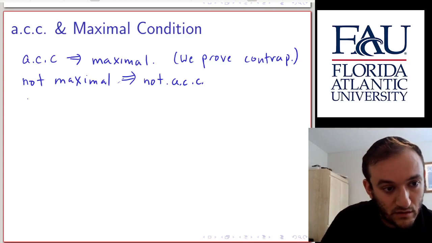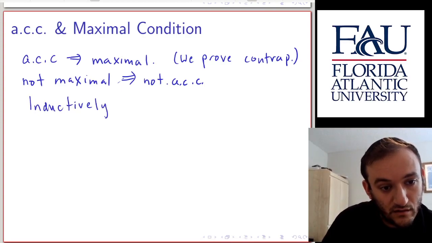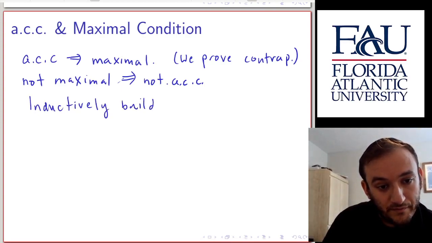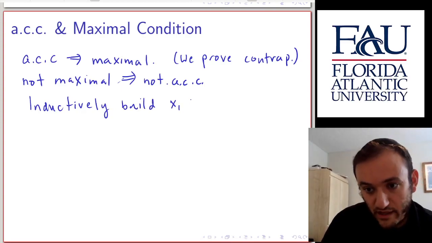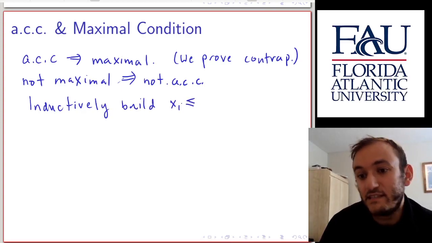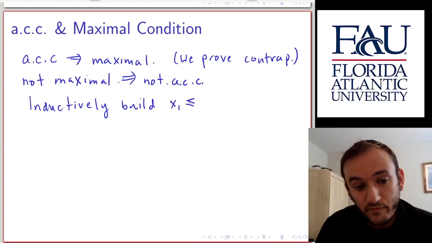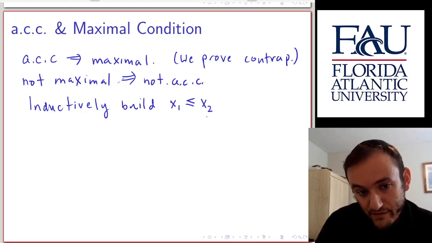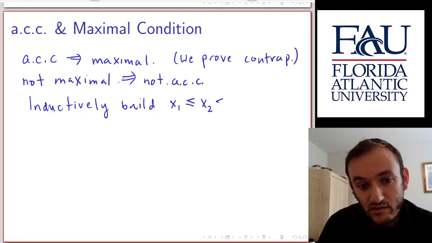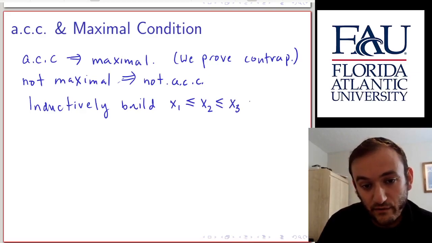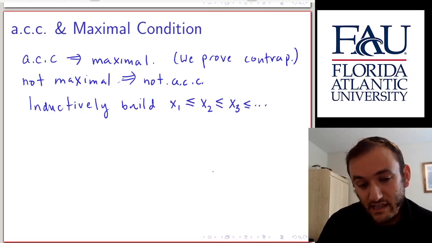So inductively build x1, you can just choose that arbitrarily. But then since x1 is not maximal, you'll have some x2 greater than it. But that also is not maximal, so you'll have x3 greater than that, etc.